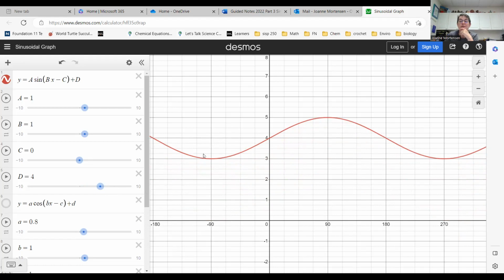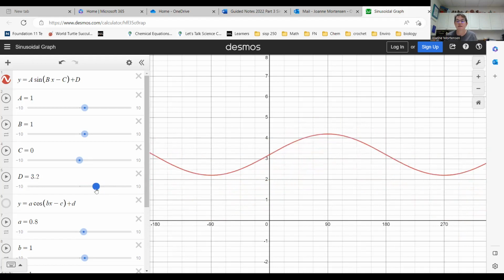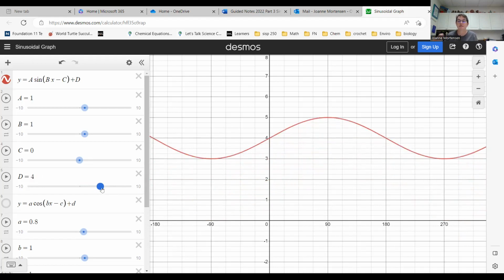Does my maximum and minimum change as I mess with D? Well, of course it does, right? As my graph goes up, my maximum is going to go up too. So check maximum, check minimum. And I'm looking at the sheet and it said midline, so check. Does it change my period?